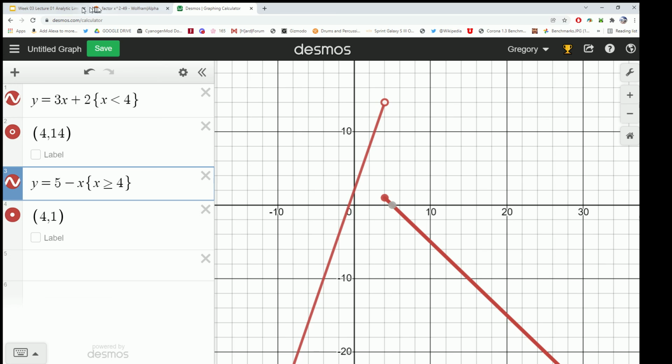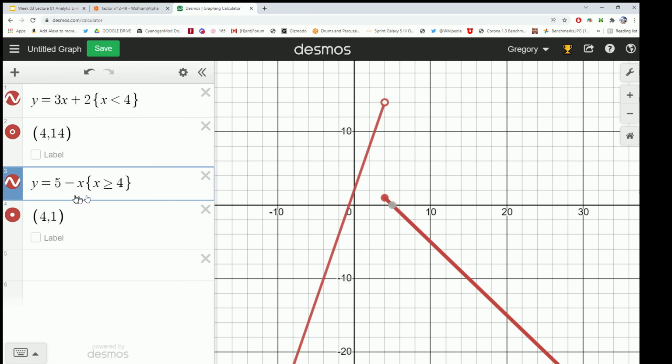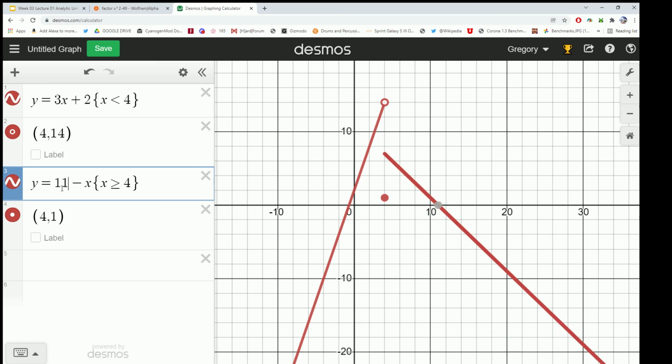Now, not every piecewise defined function has this happen, because if you look at a formula like 5 minus x, you can move this around, right? Like I can go 7, move that up, or 8, 9, 10, 11, 12. I can just keep moving this.